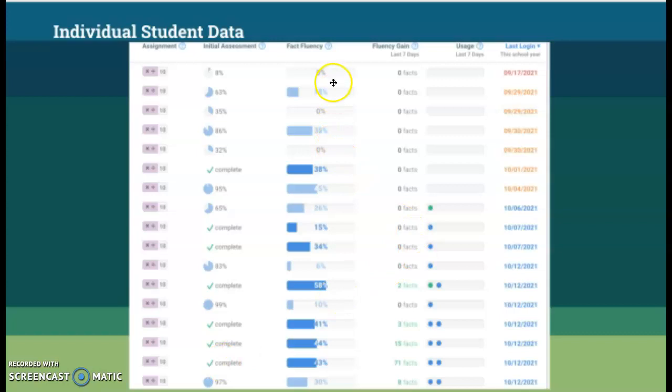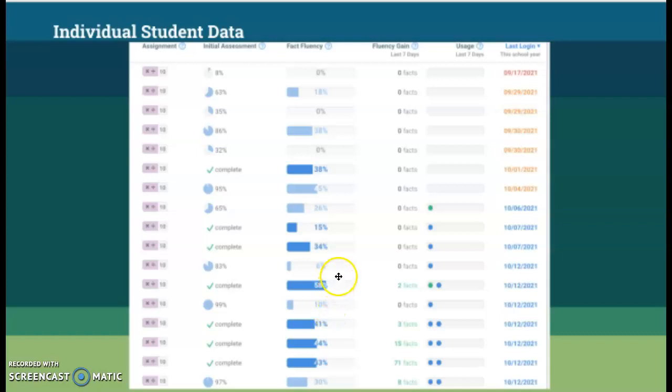For their fact fluency, you can see how fluent they've become. As you can see, none of my students have met the 70%, which is what we're looking for in fourth grade when we give their basic fact quizzes. They're given 5 minutes to solve as many multiplication and division problems as they can.